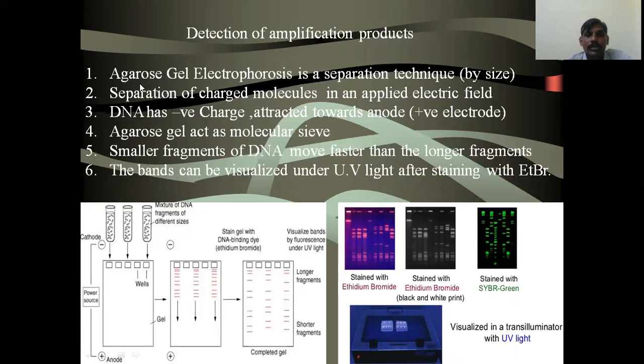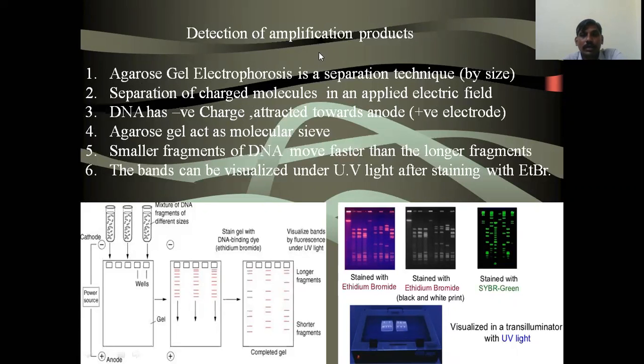Here agarose is extracted from agar-agar, a purified form of agar, which is extracted from red seaweeds like Gelidium and Gracilaria. Overall DNA has a negative charge because of the phosphate groups.